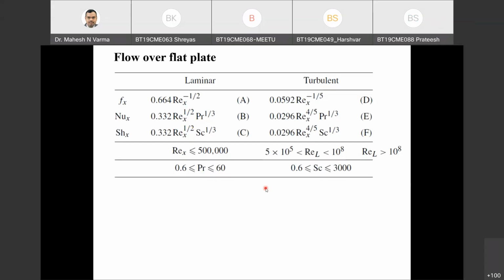Integration is the summation of continuous, infinitely small elements. You take the differential length and integrate. That is just a summation divided by length. Yes, sir. That will give you the average value.